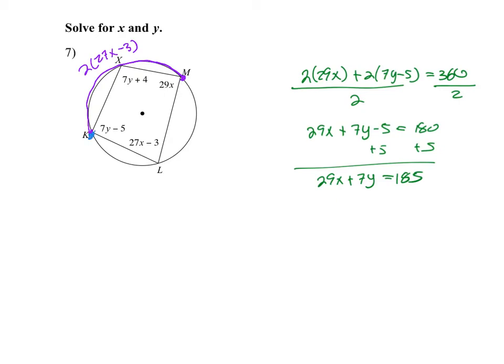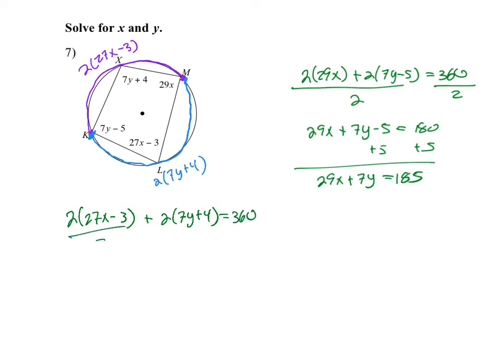And on the other side, here, is 2 times 7y plus 4. So that means that 2 times 27x minus 3 plus 2 times 7y plus 4 equals 360. And if I divide everything by 2, I have 27x minus 3 plus 7y plus 4 equals 180.